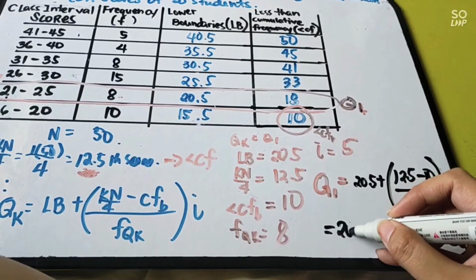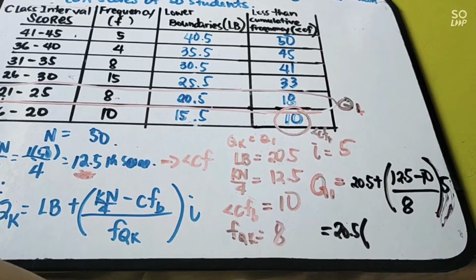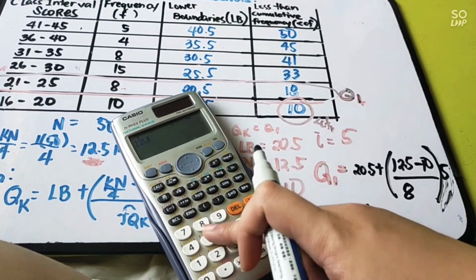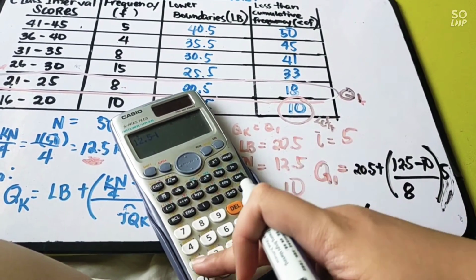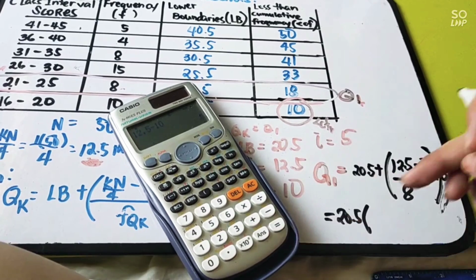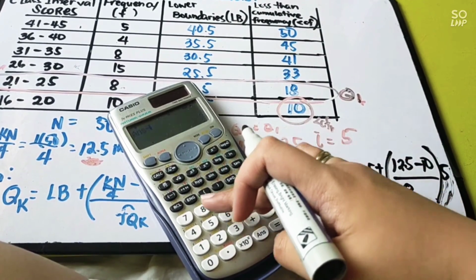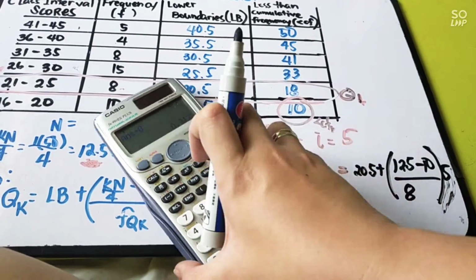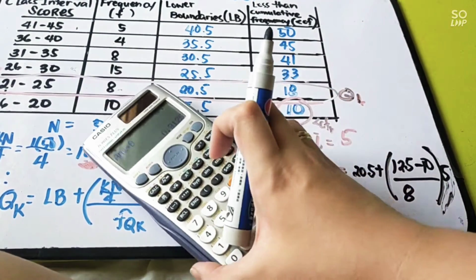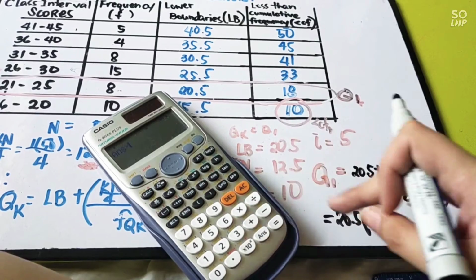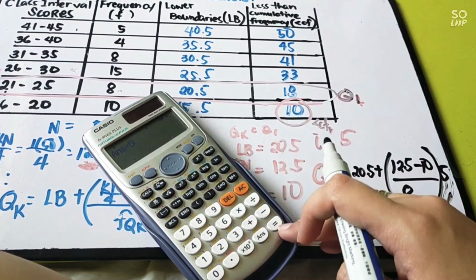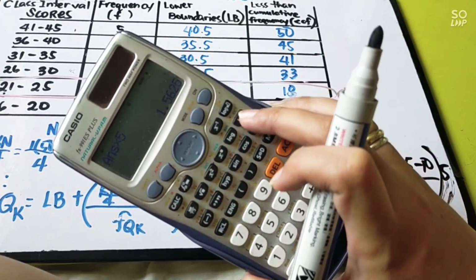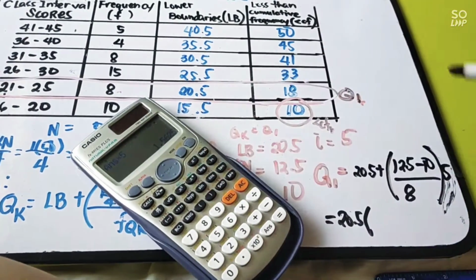We have here 20.5. Then, gamit tayong calculator. We have 12.5 minus 10 equals, then divide by 8 equals, so the answer is 0.3125, then multiply na natin yan kay 5. So, we have the answer of 1.5625.